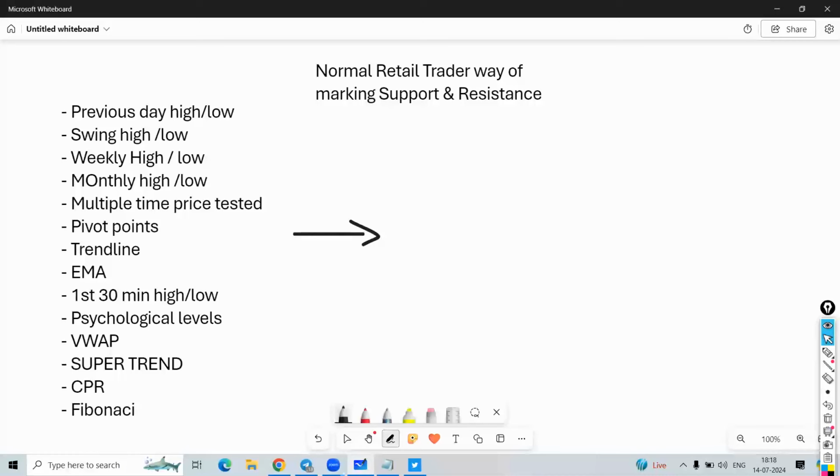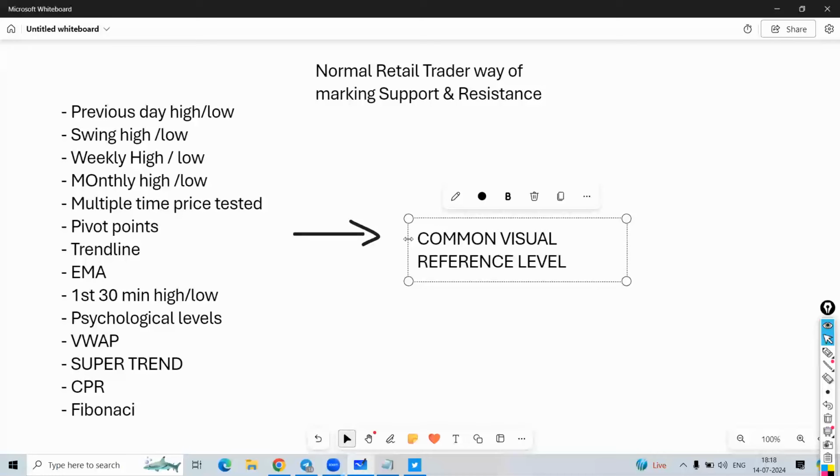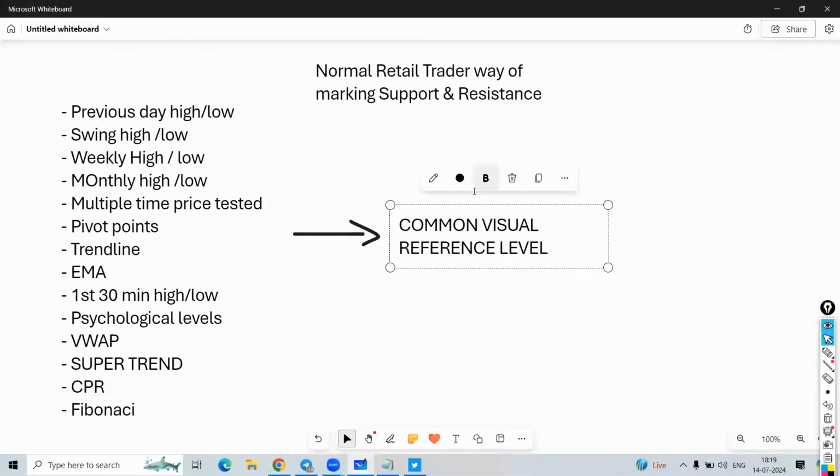All these are common visual reference levels which every retail trader is aware of.